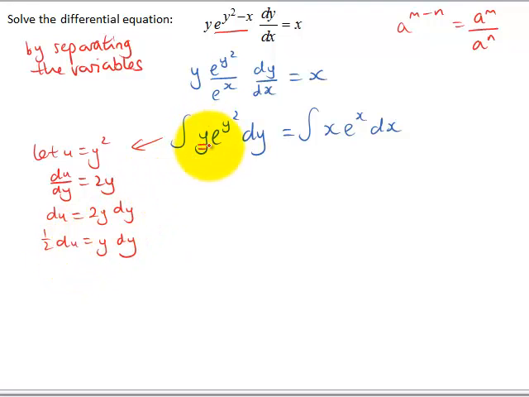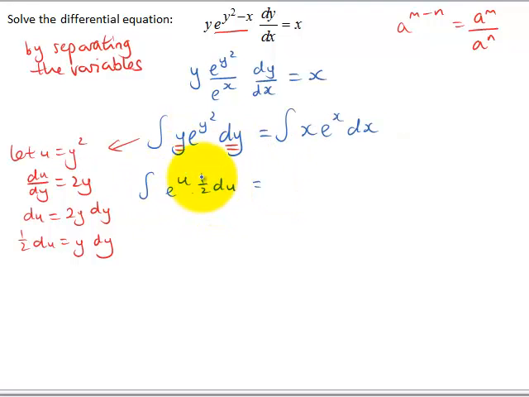So y dy can be substituted with half du. y squared can be substituted by u.